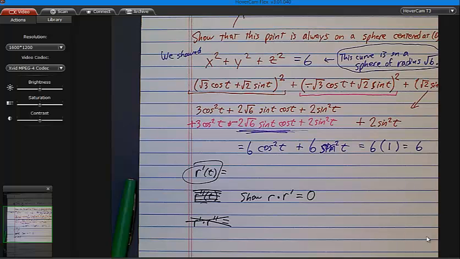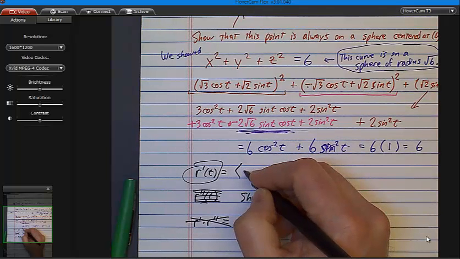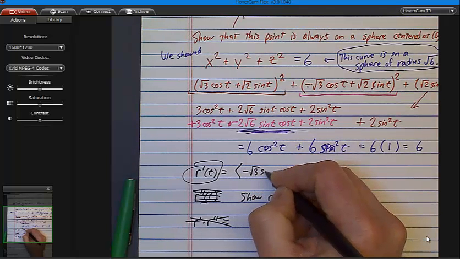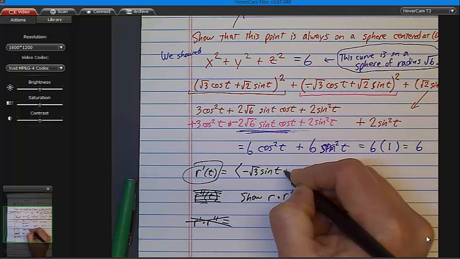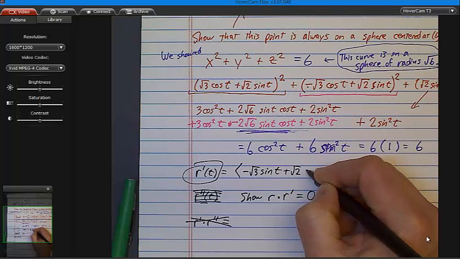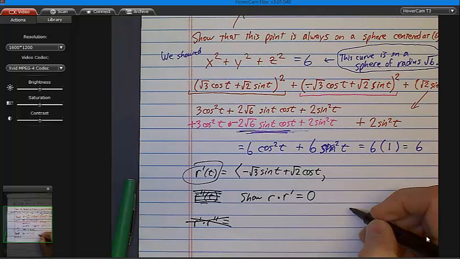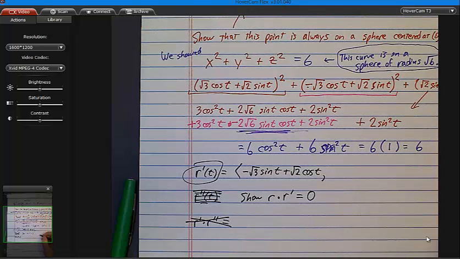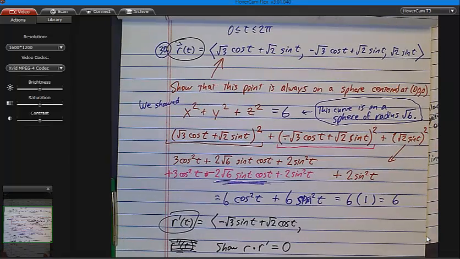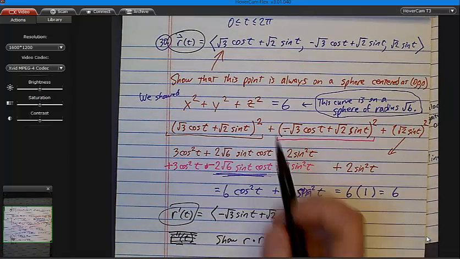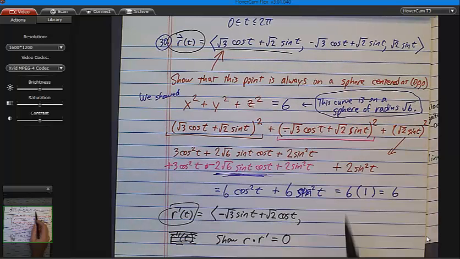All right, so what is r prime? It's negative radical 3 sine t plus radical 2 cosine t, comma, and then the next piece. And how'd I get that? I'm taking the derivative just component-wise, so I just did that first piece.